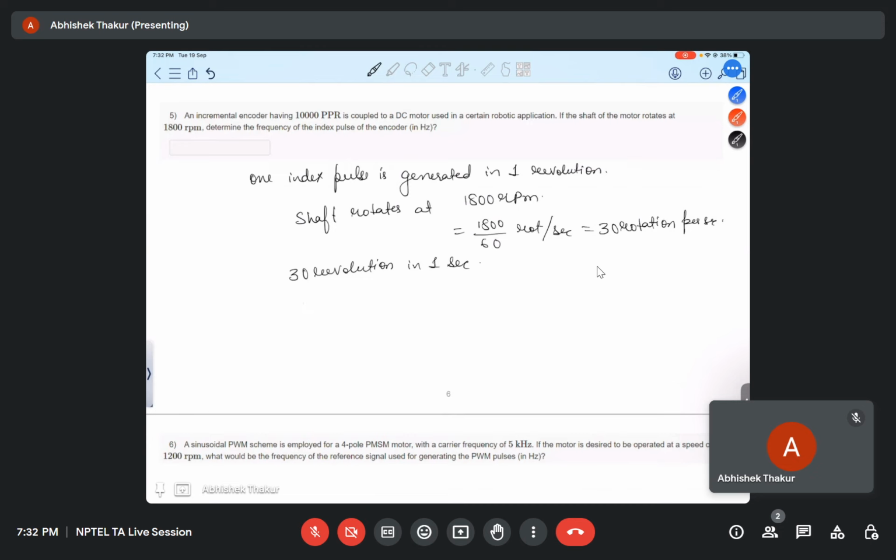Therefore, 30 index pulses are generated. The frequency of the index pulse will become 30 hertz, because in 1 second, 30 index pulses are generated.